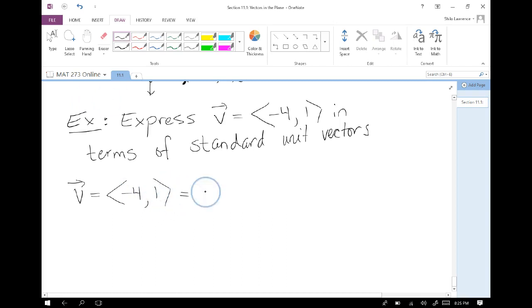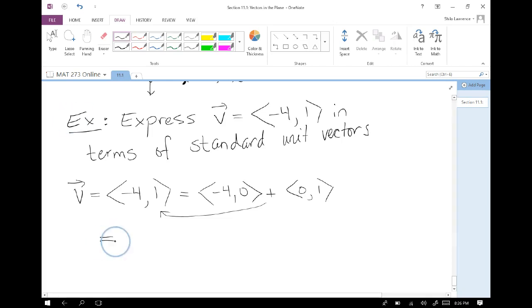We can separate those two components into their own vectors, and we can say that this vector is the sum of -4, 0 and 0, 1. So I just undid an addition problem. So if you check it and go that direction, you see that it's true. -4, 0 plus 0, 1 is -4, 1.